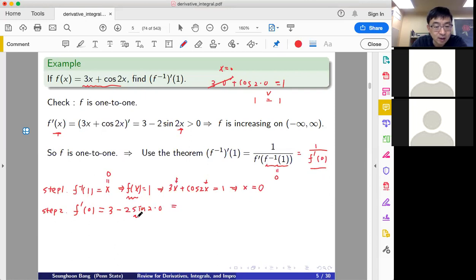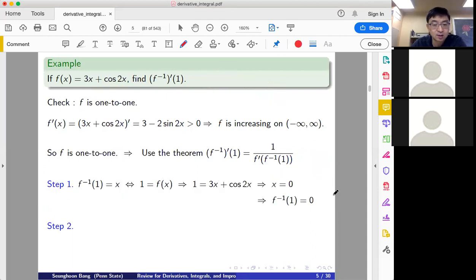What is sine of 0? Yeah, this is going to 0. So we have 3. You can plug 3 into here. What is the answer? The answer is 1/3. That's it. This is the whole idea for solving this problem.